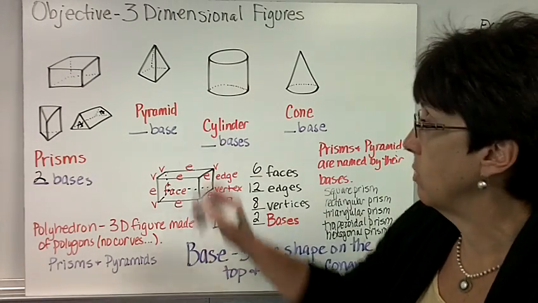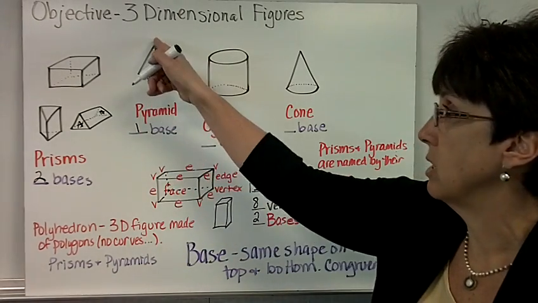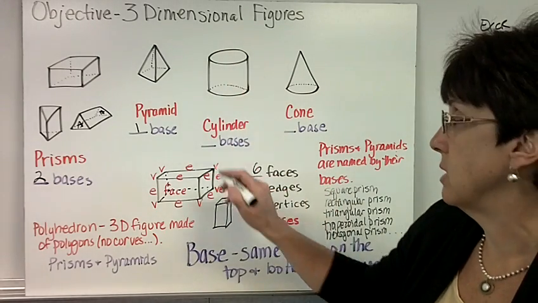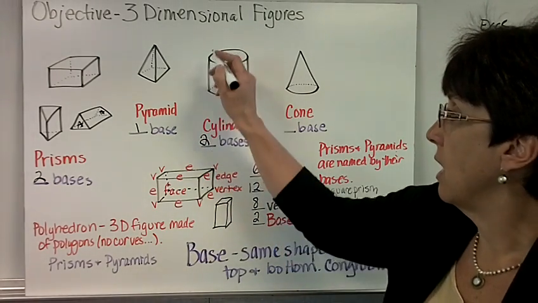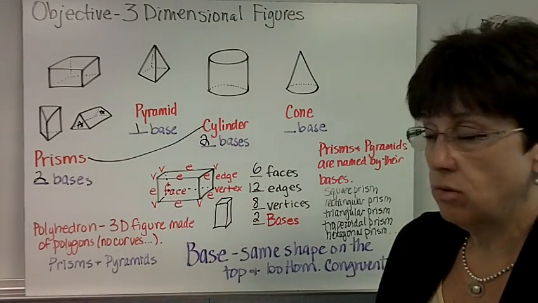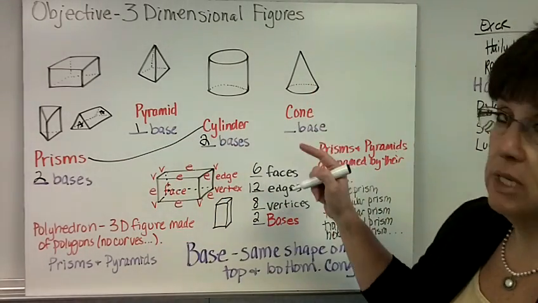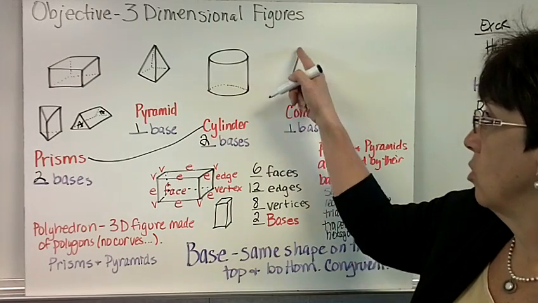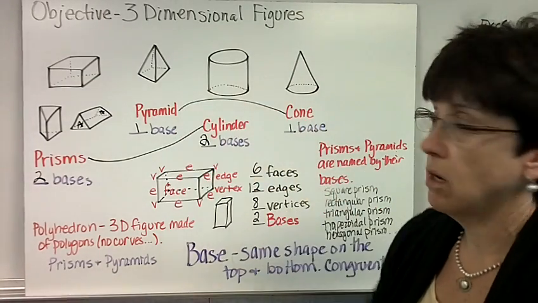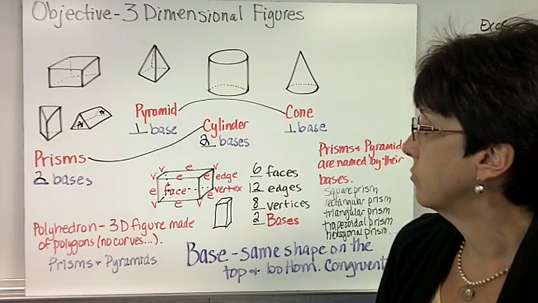A pyramid only has 1 base because the other point is the vertex. But a cylinder also has 2 bases. So cylinders and prisms are linked together like that. Okay? A cone, once again, has 1 base with a vertex on the top. So cones and pyramids are similar in that way.